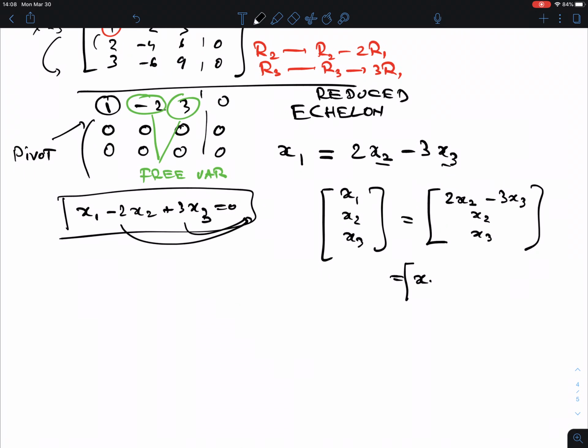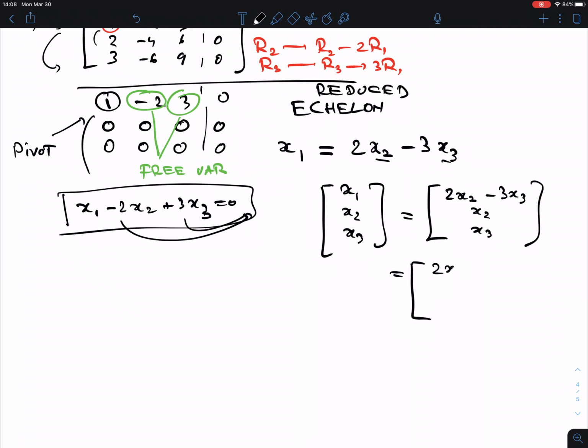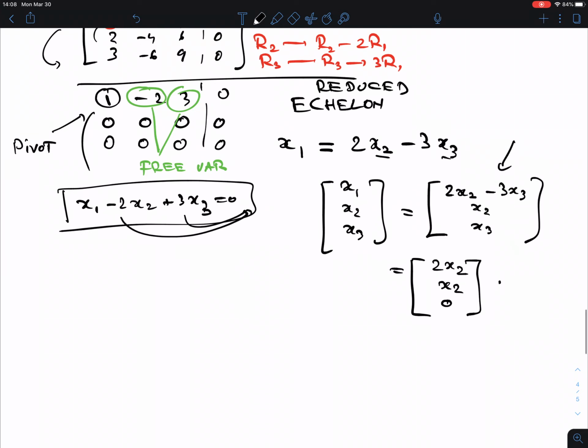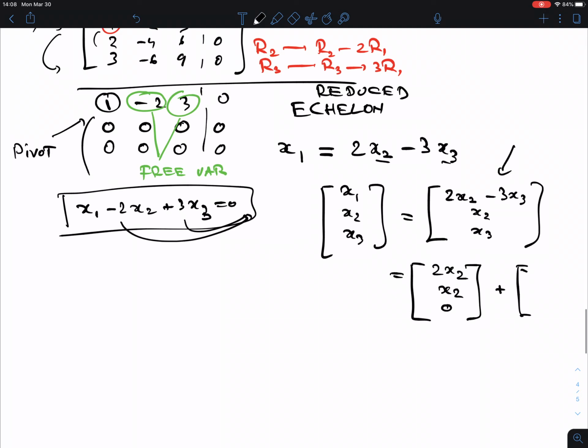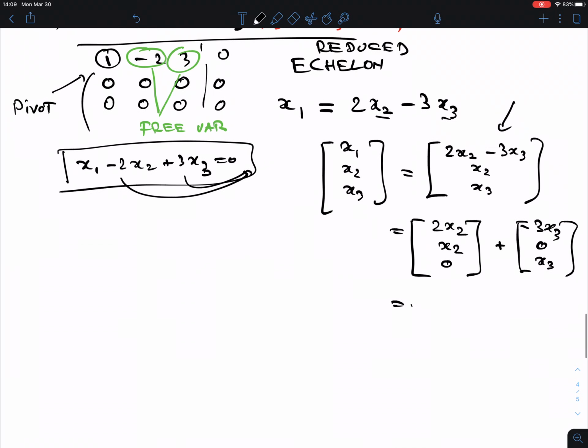We have 2x2, x2 and 0. What I'm doing is splitting this vector into parts that contain x2 and parts that contain x3, and if there's nothing, I just write 0. I have minus 3 x3, 0 and x3. Now I can factor out an x2 here because they're all multiples of x2. So x2 times (2, 1, 0) plus x3 times (-3, 0, 1).